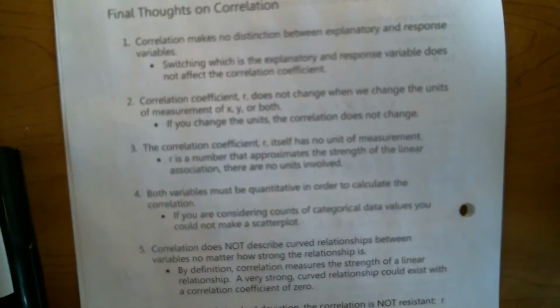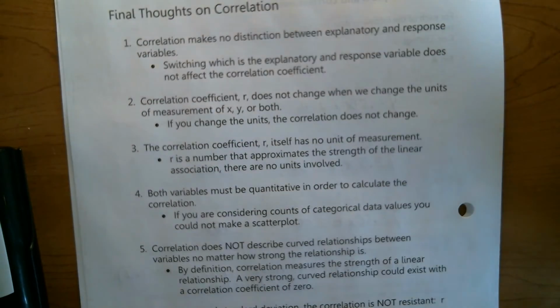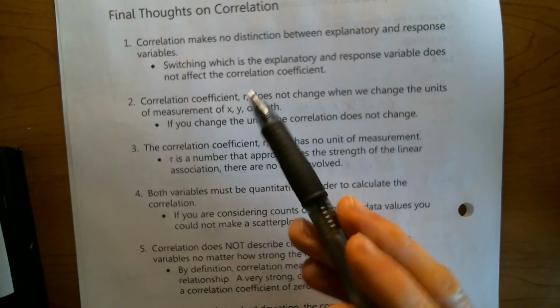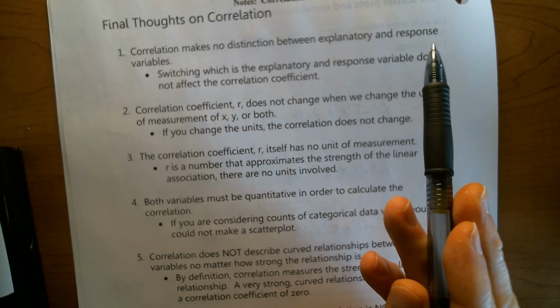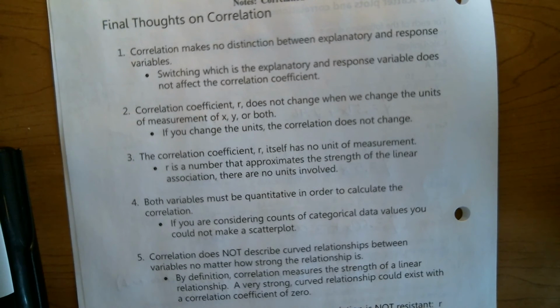Take a look at the back here. Final thoughts on correlation, kind of summing things up. Correlation makes no distinction between explanatory and response variables. Switching which one is the explanatory and which is the response does not affect the correlation. Does that make sense?